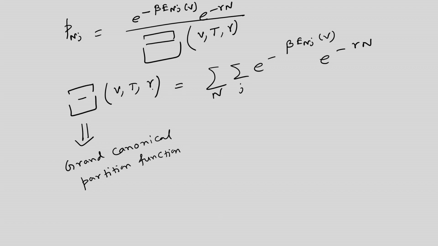If you remember, we considered for grand canonical ensemble V, T and mu as constants. So, gamma is related to the chemical potential mu, that we will see later. Thank you.